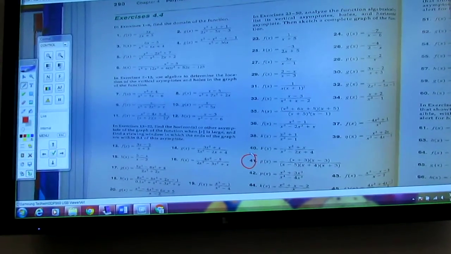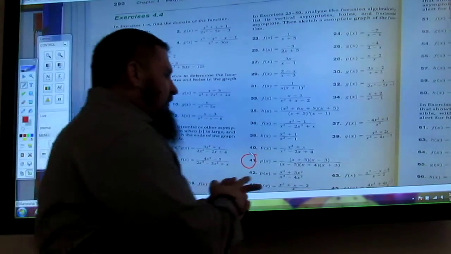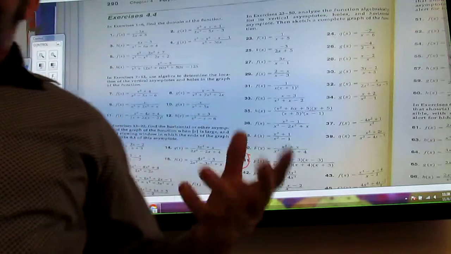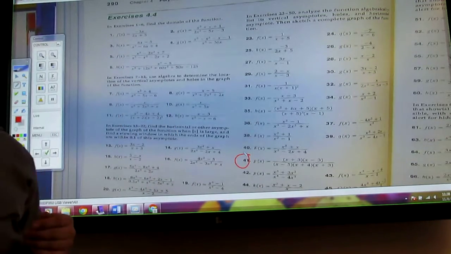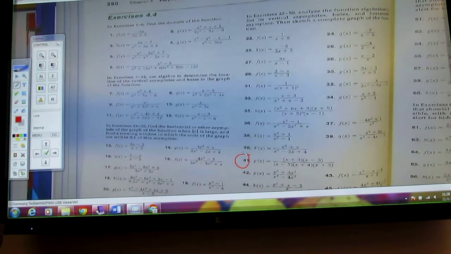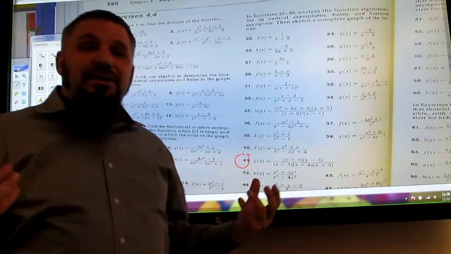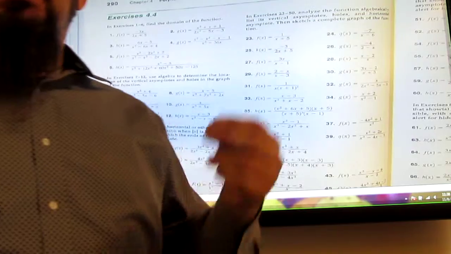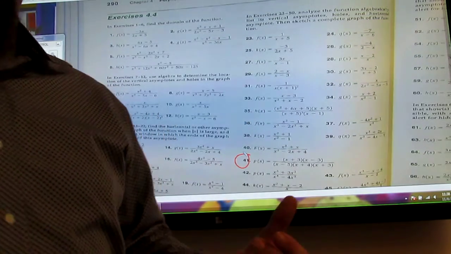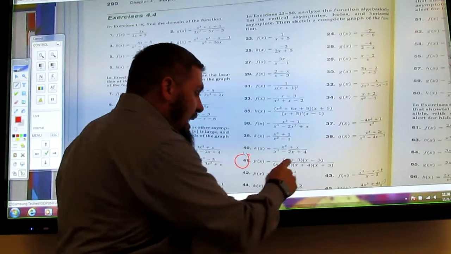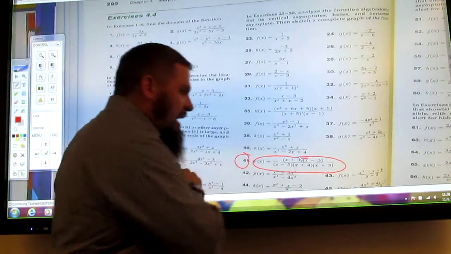For 41, the important thing is, I'm going to give you a quadratic over a cubic, or quadratic over a quadratic, or a linear binomial over a quadratic. And what I want you to do is factor it. So they're going to be pretty simple. They're going to be factorable. This one was factored. You see it? And see how this one's factored out?